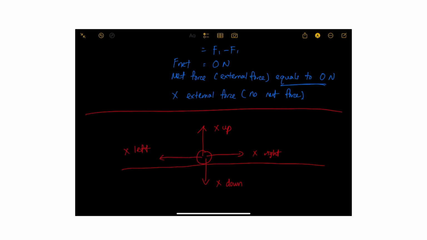So that's why in this situation, we fulfill the first law of motion, which is when the object is at rest, it will continue at rest, because we do not have any external force applied on it.